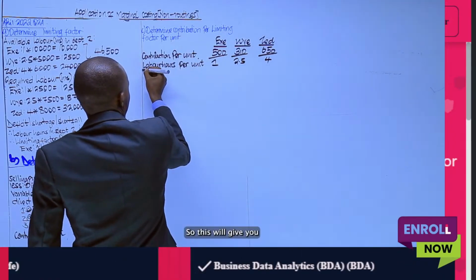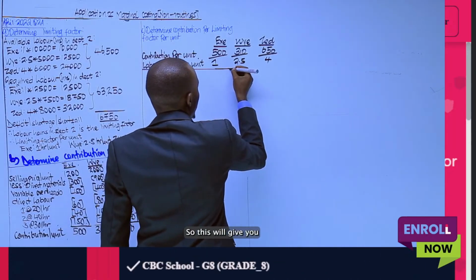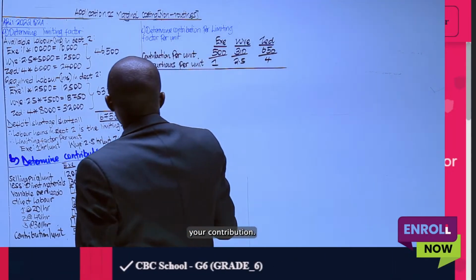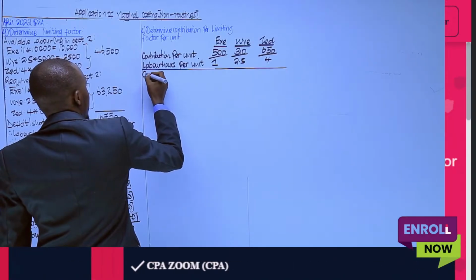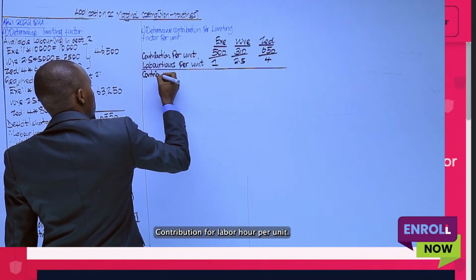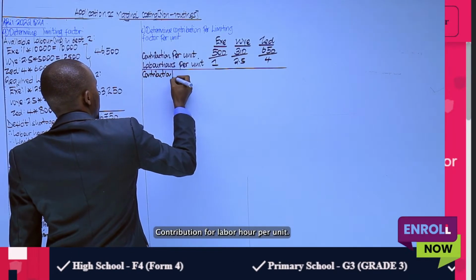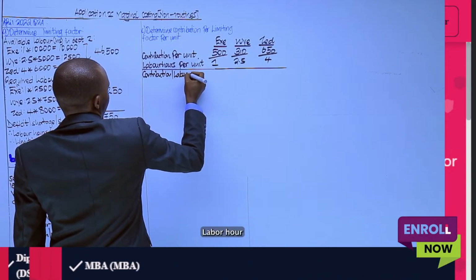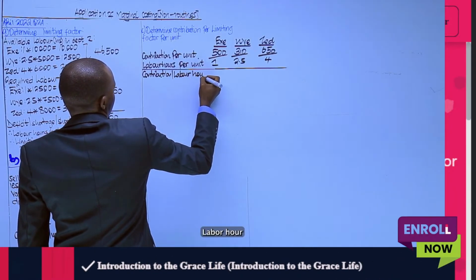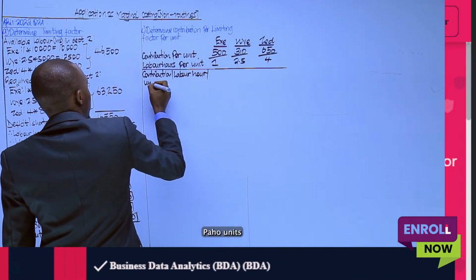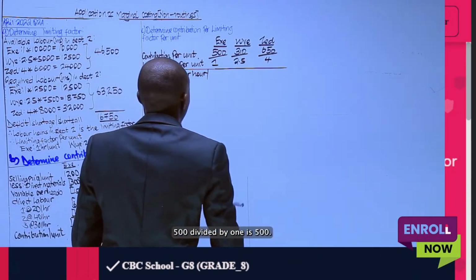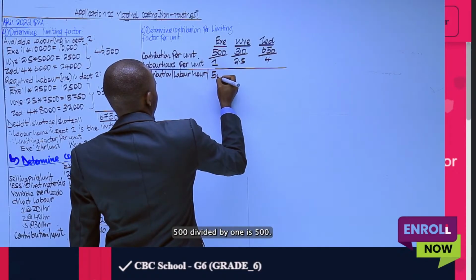So this will give you your contribution per labor hour per unit. 500 divided by 1 is 500.